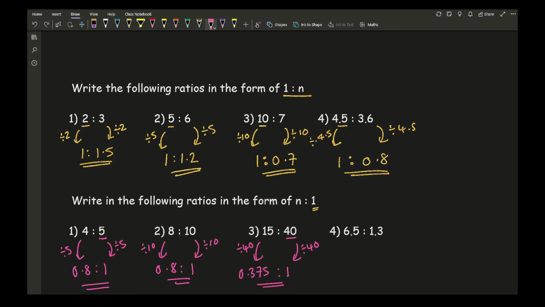And there's that one. And then finally, moving on to this one, I want to make this equal to 1. So divide by 1.3. So I divide this number by 1.3. And 6.5 divided by 1.3 is 5. And 1.3 divided by 1.3 is 1. And there is my final answer.